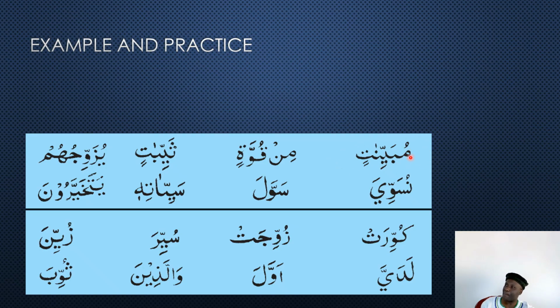Meem with dhamma is Mu. Ba with fatha is Ba. Ya with shadda and kasr is Yi.